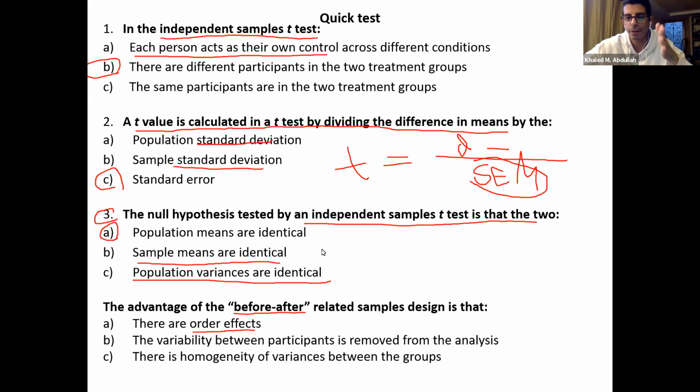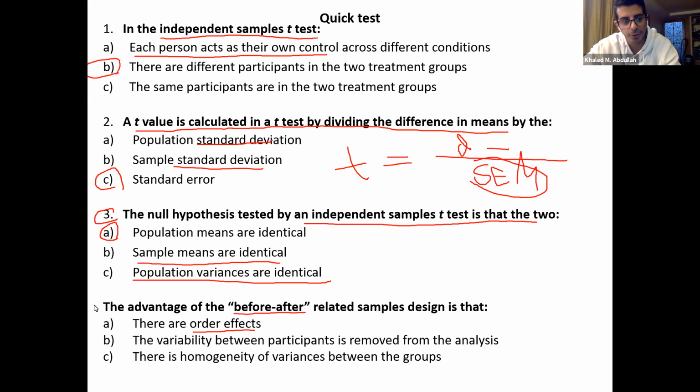This is the same as before and after. The first time, he represented the population of all the people who don't take the medication. The second time, even though he's the same person, he's now representing the population of people who do take the medication. So it's the same thing. The null hypothesis, its exact definition, is that both populations are exactly identical. They have the same mean, and there should be no difference between those populations.